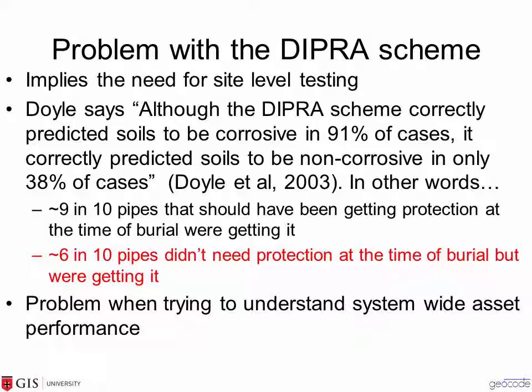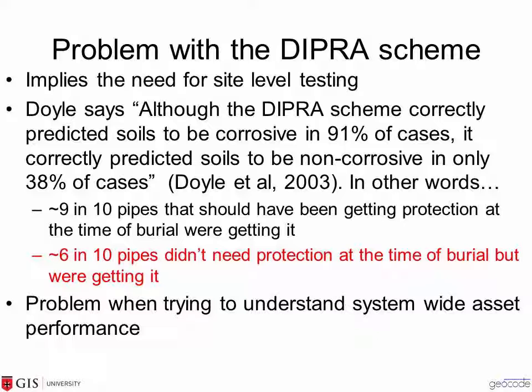So in other words, around 9 in 10 pipes that should have been getting protection at the time of burial were getting it. But in contrast, around 6 in 10 pipes that didn't need protection at the time of burial were still getting it.